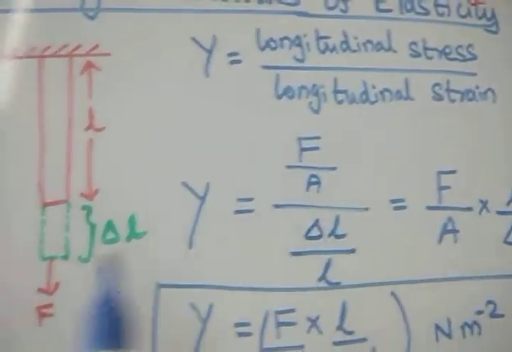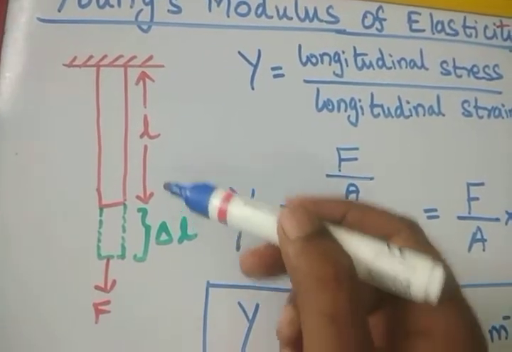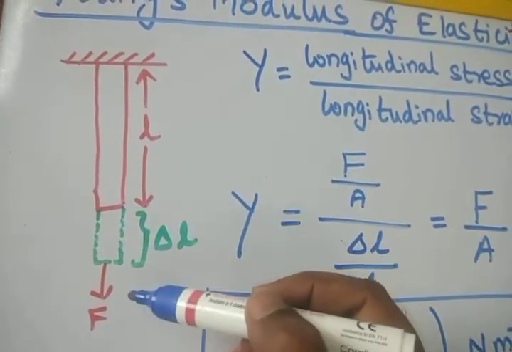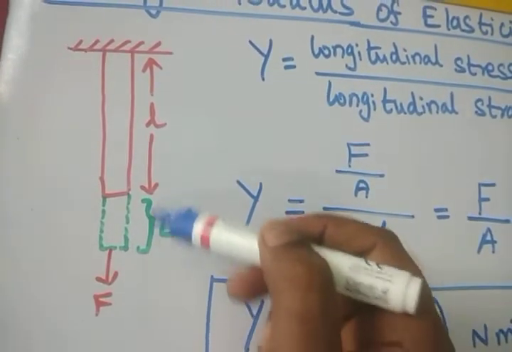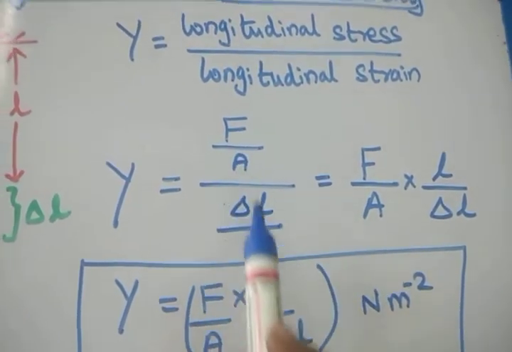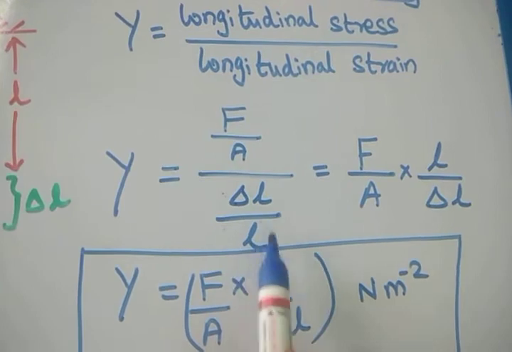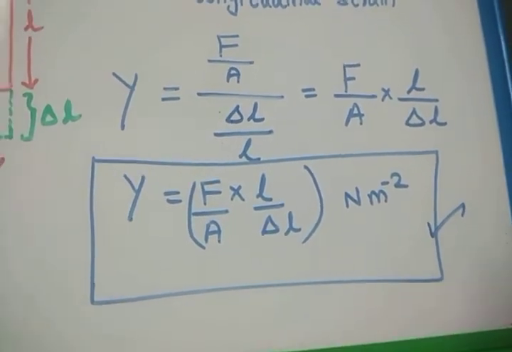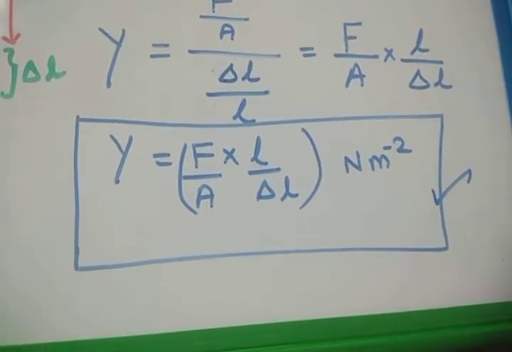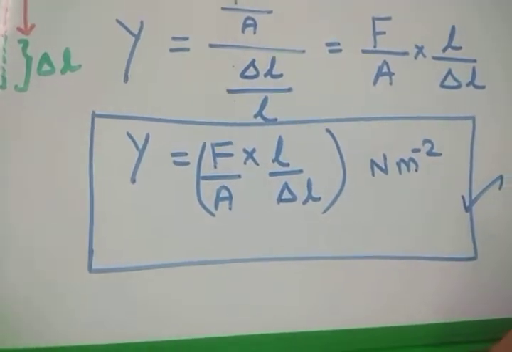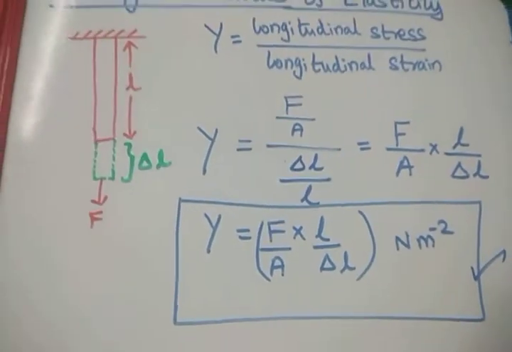Longitudinal strain means change in length by original length, so this much length is increased because of the force applied. According to the formula, stress is force by area and strain is change in length by original length. Substituting, we get Young's modulus equal to F by A into L by delta L. The SI unit is Newton per meter square.